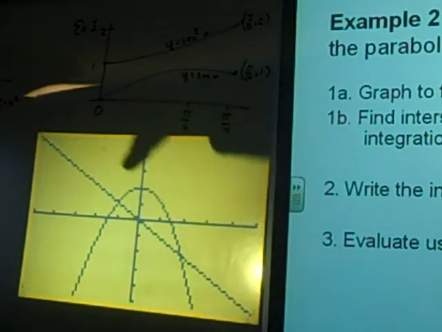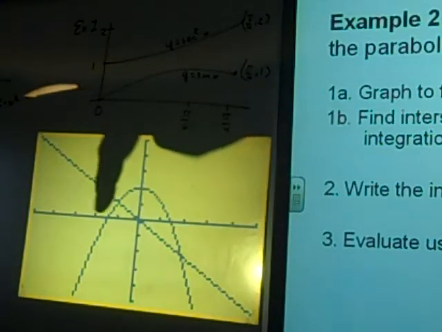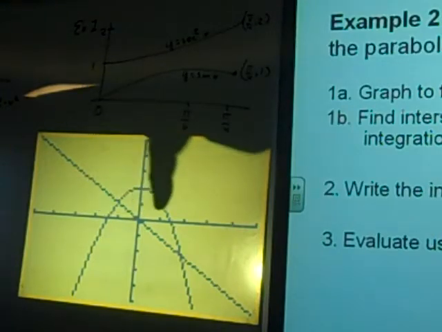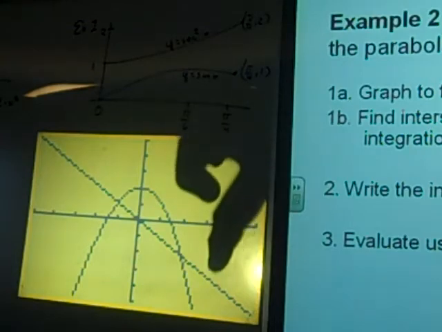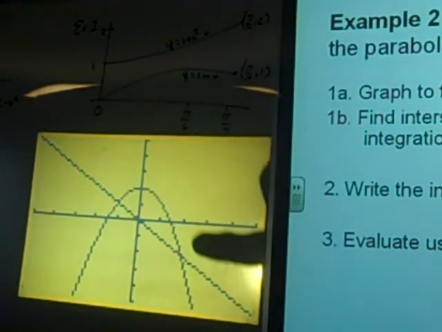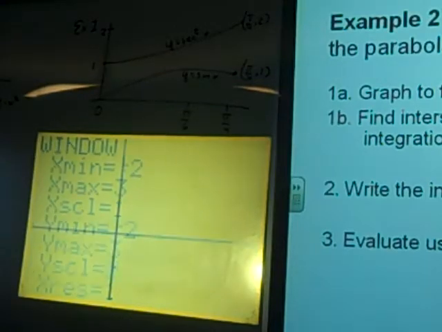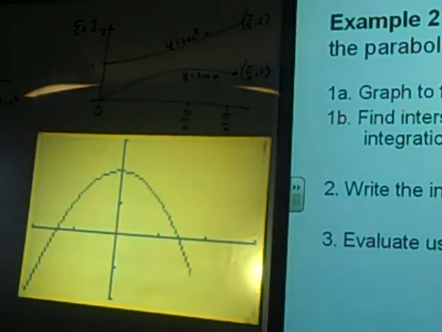Okay, and I see I can zoom in more, so since I'm going by ones, I'll go negative 2 to 3 here, and negative 2 to 3 in y. So here I've got negative 2 to 3 in the x direction, and negative 2 to 3 in the y. Will that give it to me? And there we go. So now we can see the function we're after.